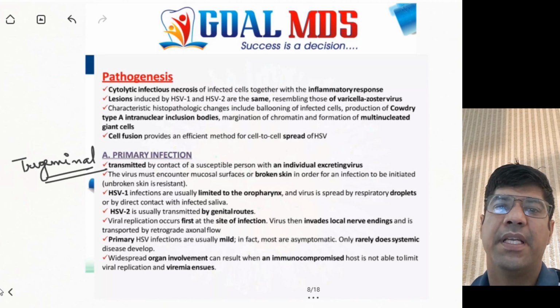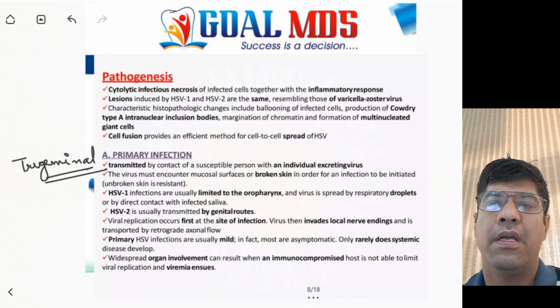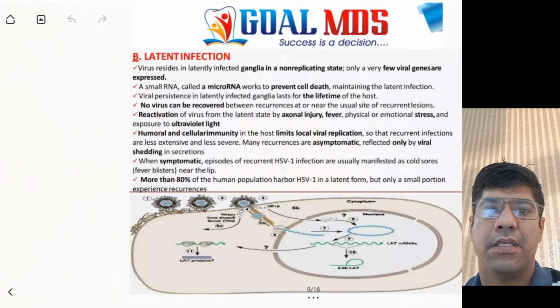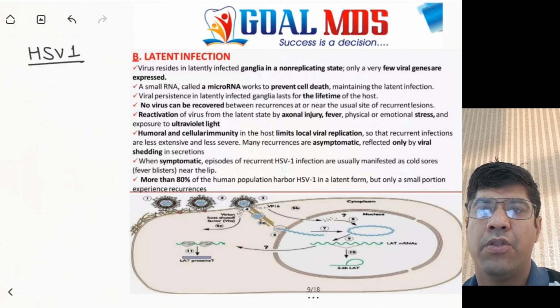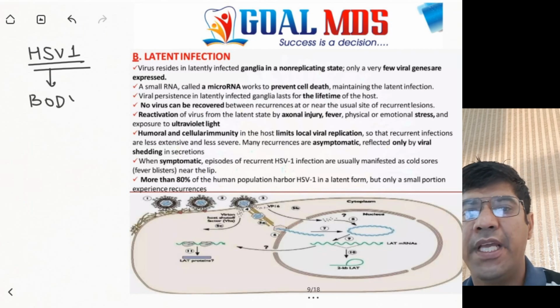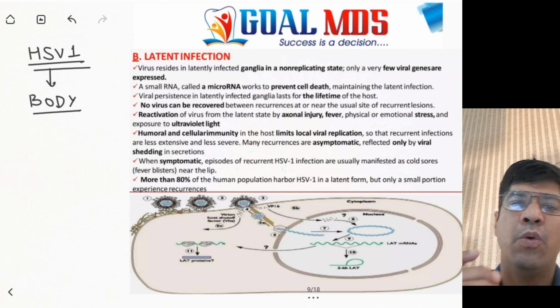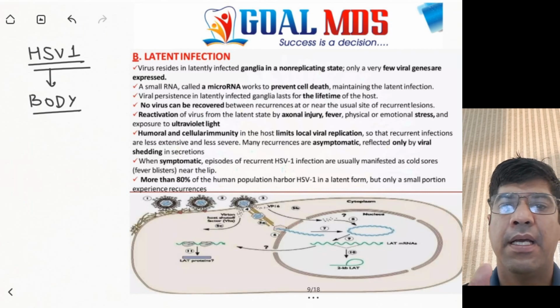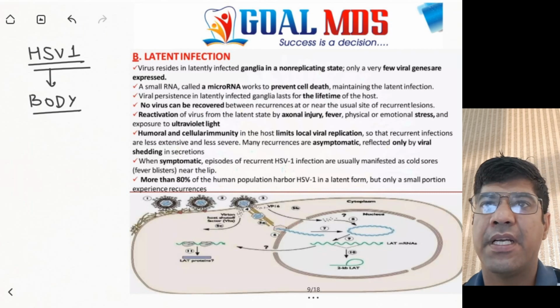Suppose a person is initially exposed to HSV1 infection. The virus will enter the body through a break in the skin or mucosa, usually in or around the mouth area. It will start to replicate in the cells at the site of entry, causing the characteristic cold sore lesions.